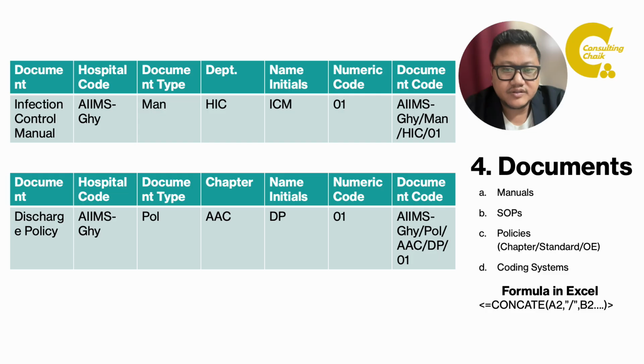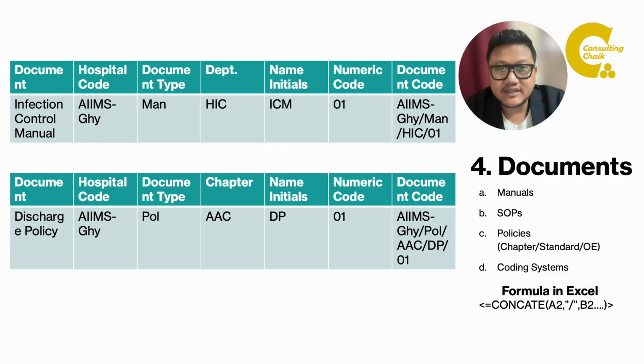Then we have documents. In documents, we have manuals like HR manual, infection control manual, nursing manual. SOPs are department wise: OPD SOP, IPD SOP, mortuary, physiotherapy, like that. So department wise, your obs and gynae, pediatrics, like that, your SOPs.